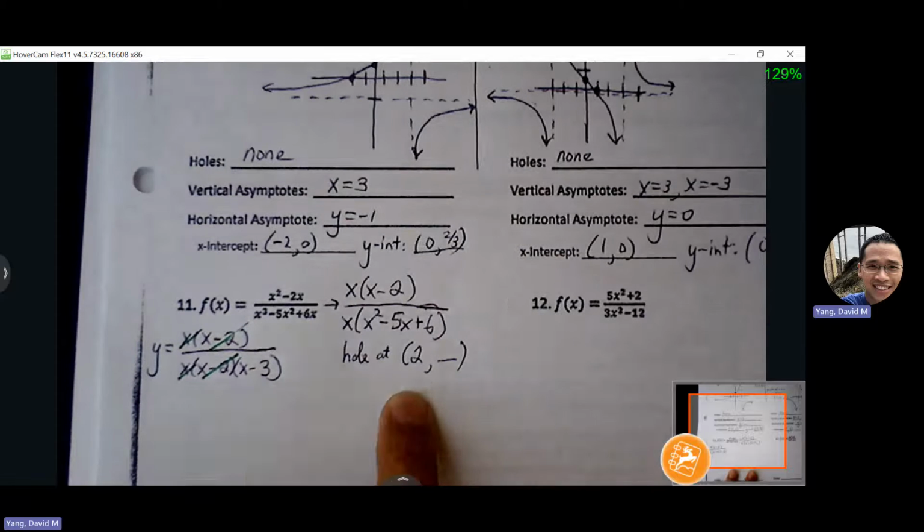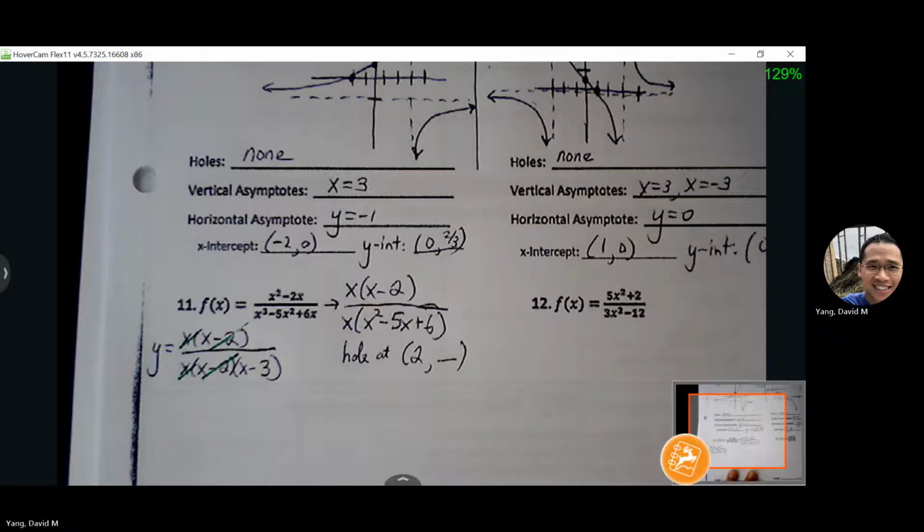Okay, good. What if there's 2 holes at the same place? Like, what if you have x minus 2, and those cancel out, and you have another x minus 2? Oh, I see. Another hole. I think in that case, like an x minus 2 over x minus 2 squared, like that. Yeah, something like that. So this is where there's a hole at 2 and there's a vertical asymptote at 2.